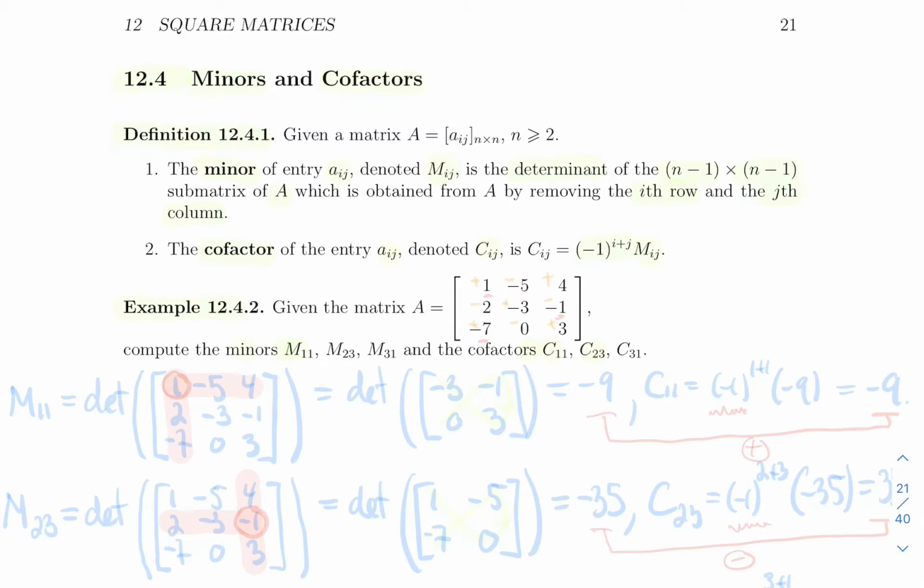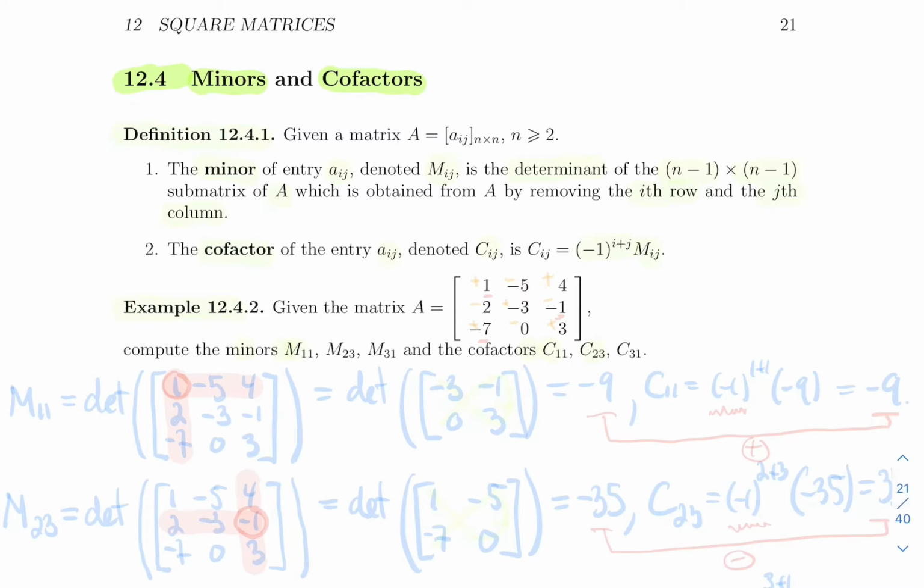And what we need in order to get there is some little preliminaries, the notion of minors and cofactors. It's a purely algebraic definition, but it's the key in order to be able to compute determinants for matrices bigger than 2x2.